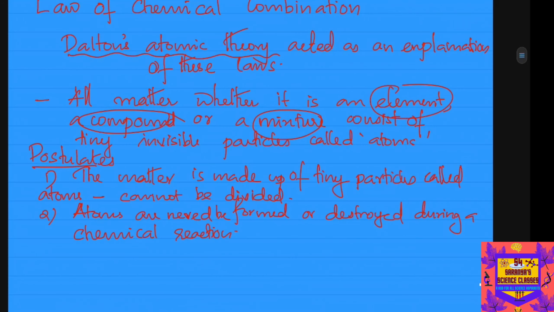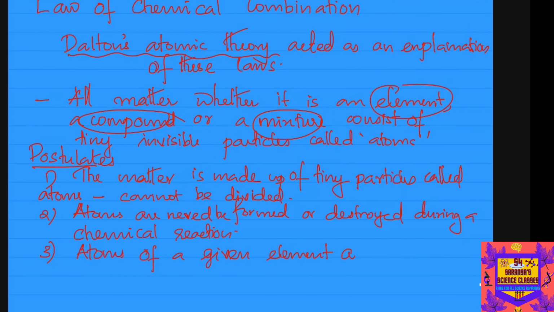Now what was the third postulate? According to Dalton, atoms of an element exhibit the same nature. So atoms of a given element are similar in mass and properties. They have the same size, same mass, same character.